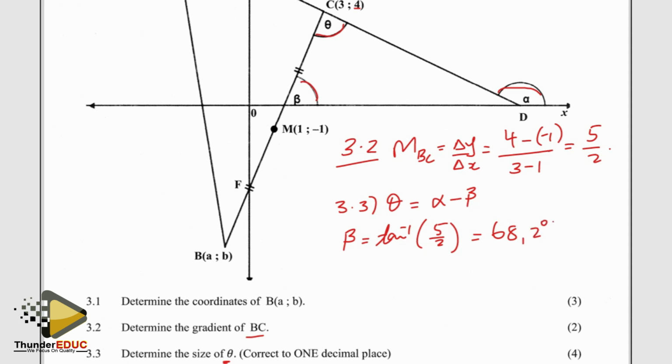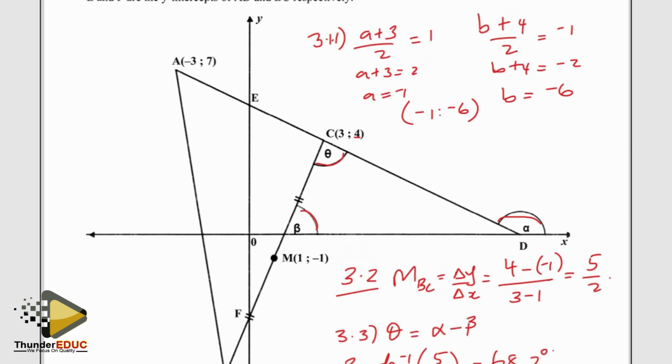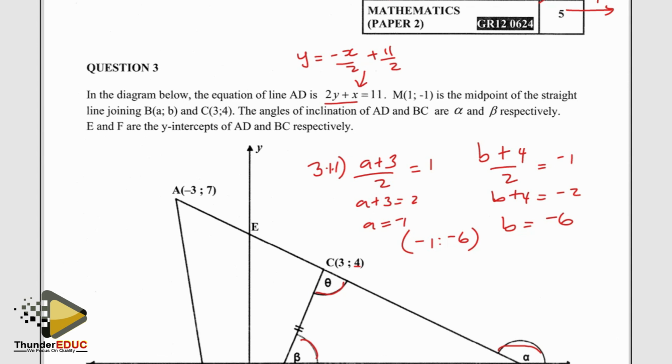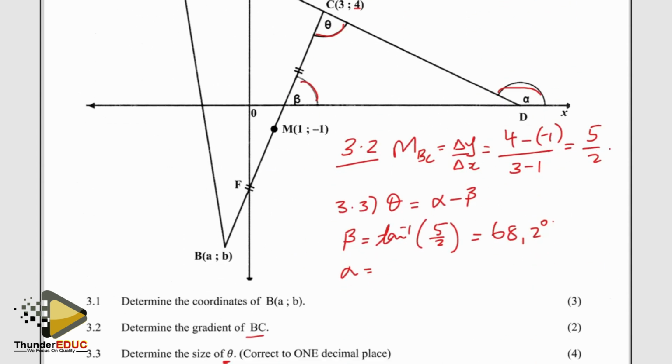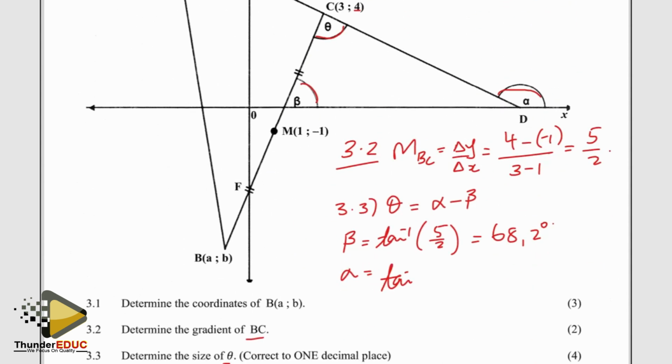Then I need to find the alpha. With the alpha, I already know the equation of AD, which is this. And I've obtained the gradient to be negative 1/2. So I'm going to say the shift tan of negative 1/2.